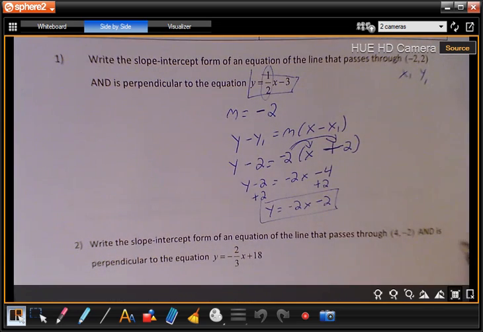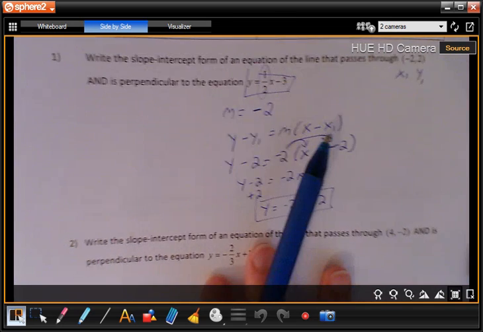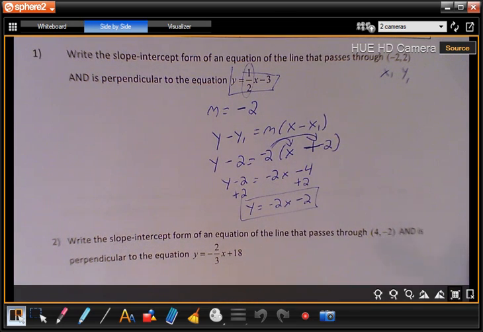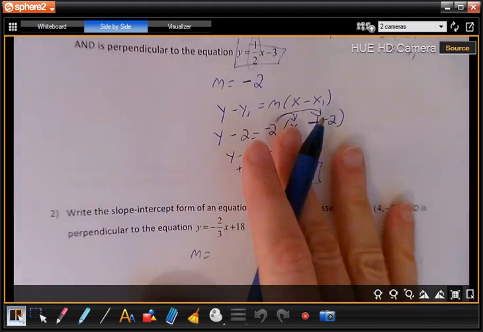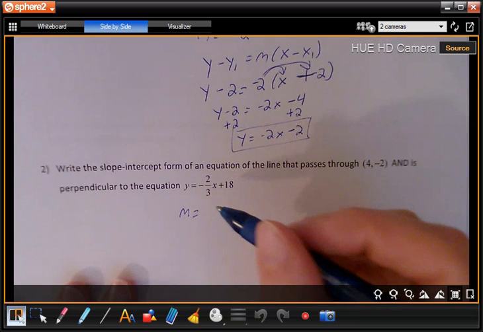We want to make a slope-intercept form equation that passes through (4, -2) and is perpendicular to y equals -2/3 x plus 18. So we need my slope to be the opposite reciprocal of -2/3. Well, the opposite of -2/3 is positive.